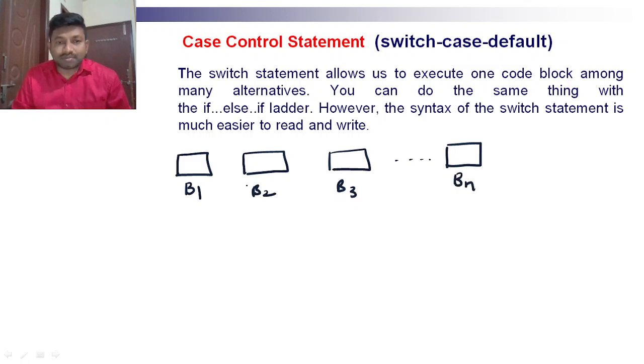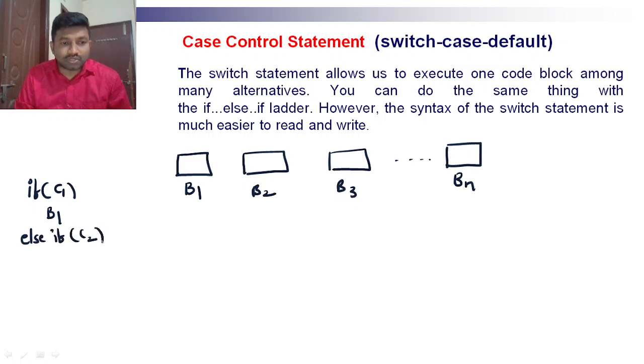Now, one way of selecting one block among these Bn blocks is, as we have seen, you can write an if statement. If condition C1 is true, you can execute the B1 block. Else if condition C2 is true, you can execute the B2 block, and so on.